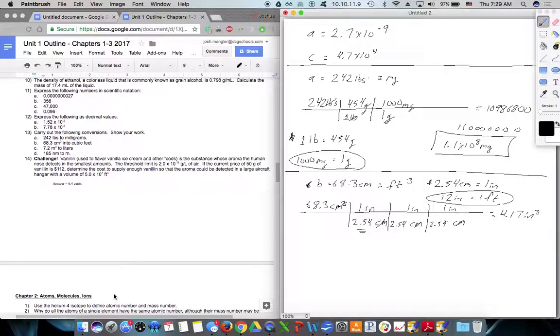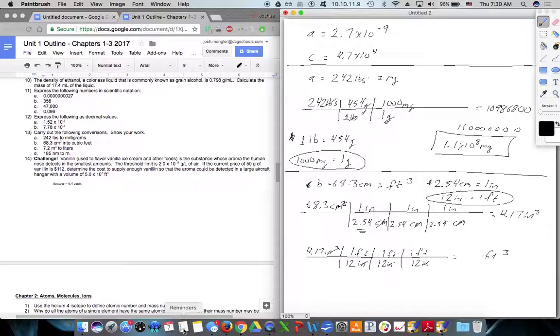Looks good. So there's our inches cubed, 4.17 inches cubed. And then again, the same thing. We have 12 inches, 1 foot, 12 inches, 1 foot, and 12 inches, 1 foot. So the inches cubed gets us to feet cubed.